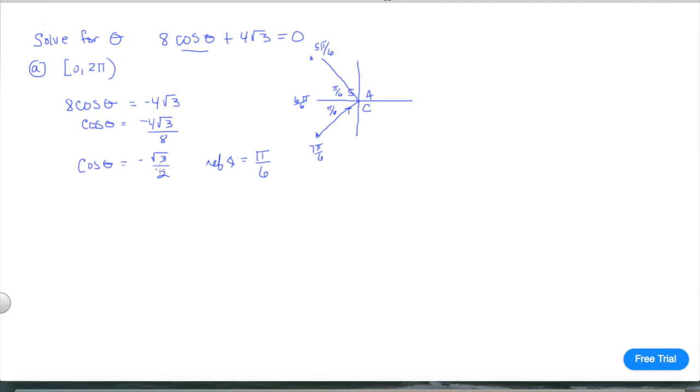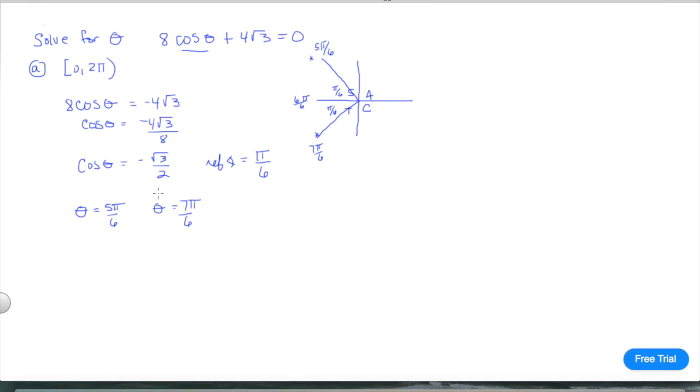And cosine of 7 pi over 6 is negative square root of 3 over 2. So the two angles within one revolution, or from 0 to 2 pi, for which this is a true statement, theta is equal to 5 pi over 6 and 7 pi over 6.